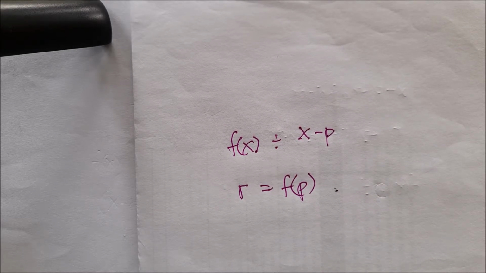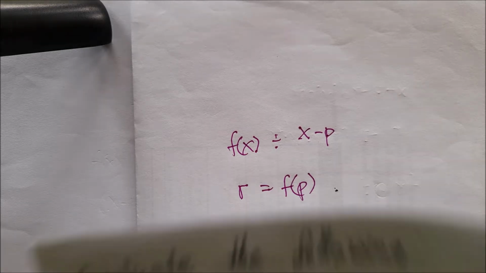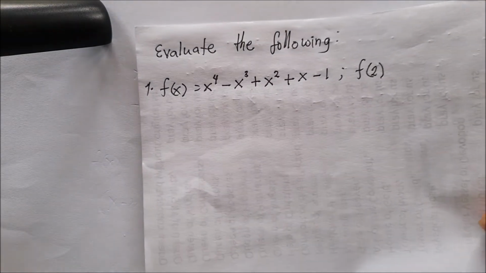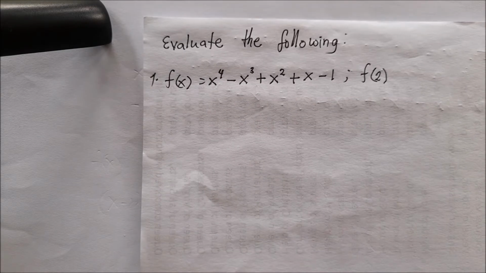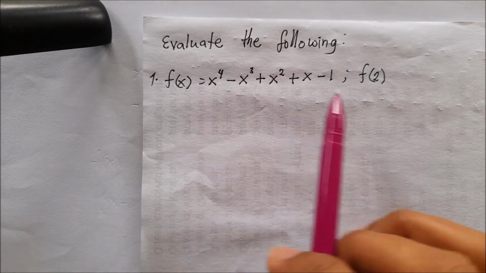From this remainder theorem, from this example, without using long division or synthetic division, we can determine the value of f of p as a remainder. For example, evaluate this equation.